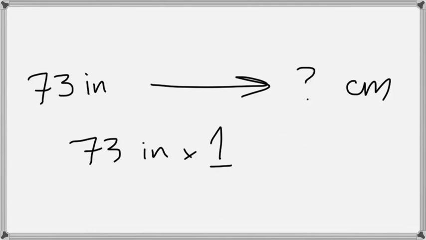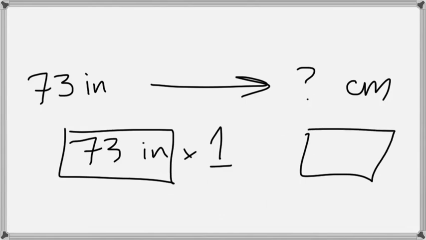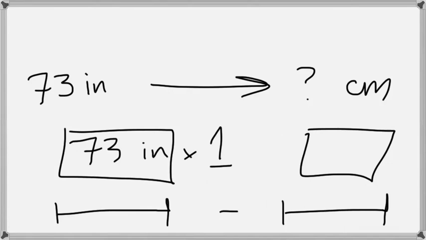And the reason it is exactly what you should be doing is because this distance is not changing, right? If you measure a certain distance in inches, and you want to convert that distance measurement to centimeters, you haven't actually made any change to the distance. The distance should be exactly the same.